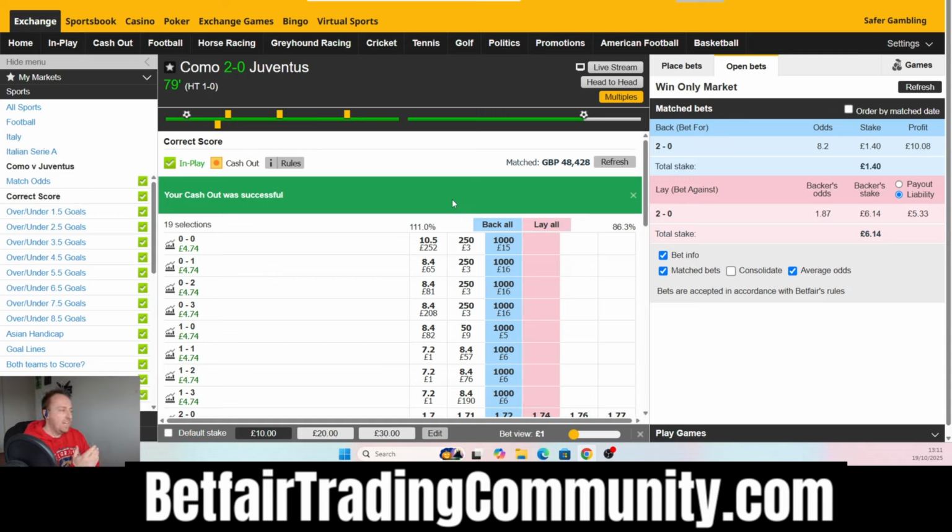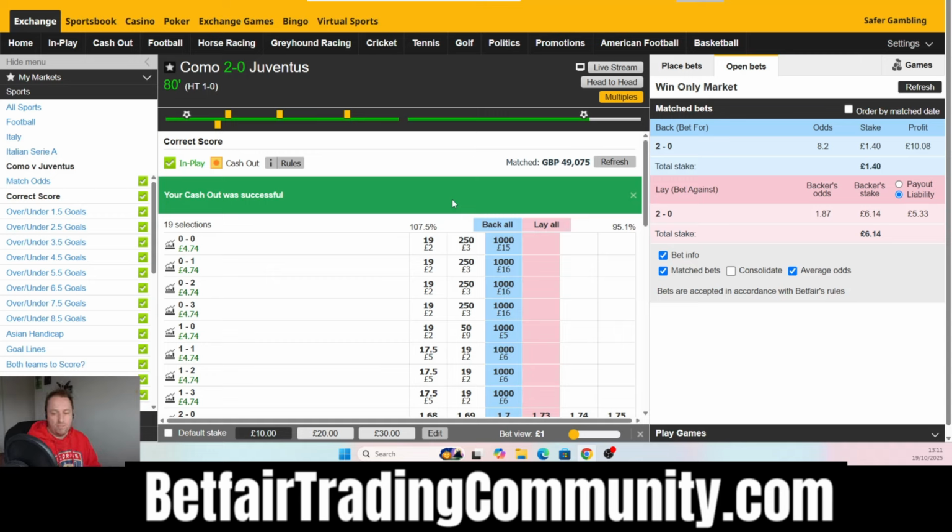But essentially it gives you a bit of your stake back, protects your bankroll, and that's why I like insurance with Betfair trading, especially if you're laying something at odds on, because an odds on winner is going to happen. I kind of saw Como winning this about 1 out of 4 at half time. Like I said, this probably is going to be the 1 out of 4.